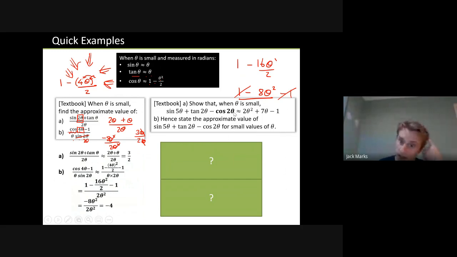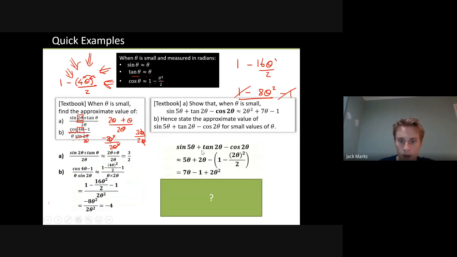Pause the video, have a quick go at both of those, and notice that the cos 2 theta is in bold for reasons that we just talked about. Okay, so 5 theta, 2 theta. Look at how 2 theta is in there, and this part will become 4 theta squared, which is then divided by 2, which is where the 2 theta squared comes from.